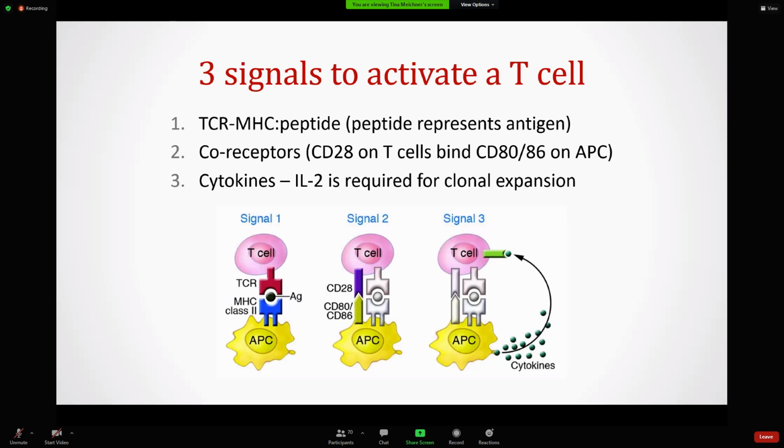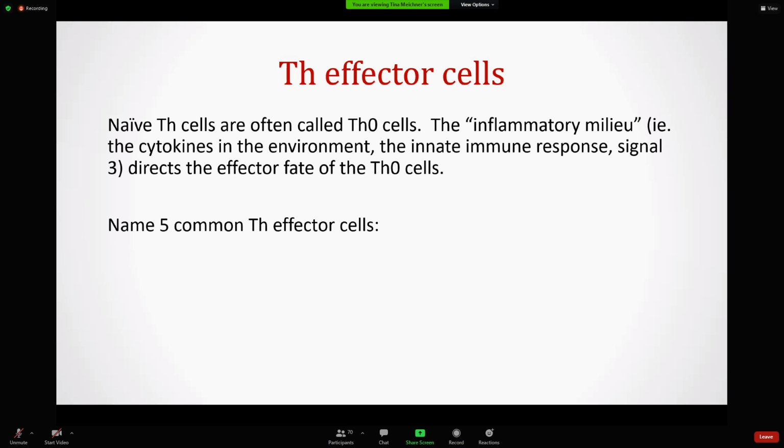And then we have some other cytokines that depend on the situation, and they are responsible for the fate, ultimately, of what this T helper cell will be at the end. Meaning we have different types of T helper cells. So first they all start as naive T cells and then they get activated, and that depends a little bit on the overall, I call this here, inflammatory milieu or environment. So basically what cytokines are present.